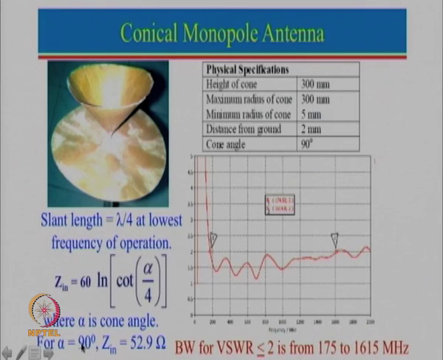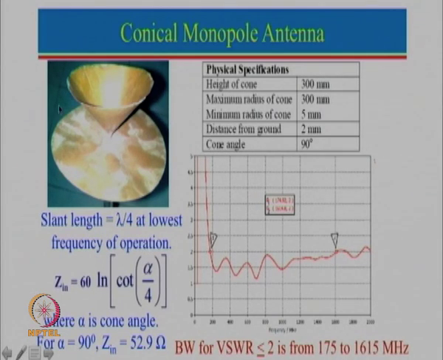Substituting alpha equal to 90 degrees, we got an input impedance of about 52.9 ohm, which is very close to 50 ohm. Alpha of 90 degrees means the half angle is 45 degrees, and tan 45 is this dimension divided by this. So we took this as 30 centimeter, which is 300 by 300.